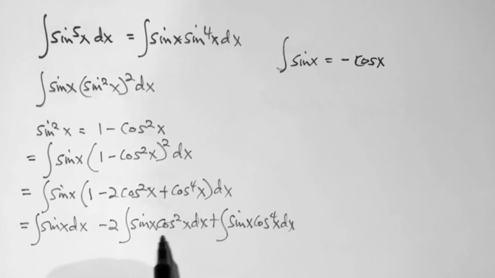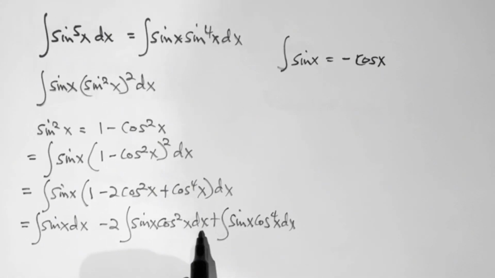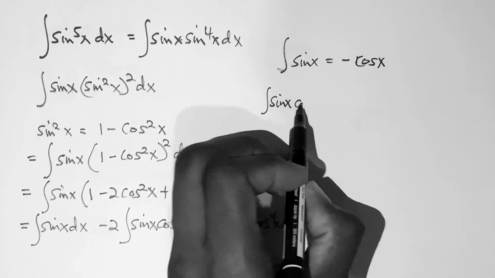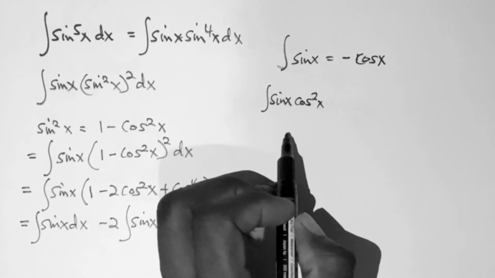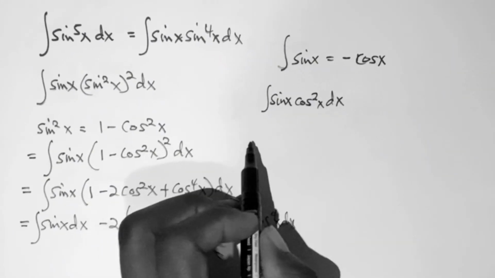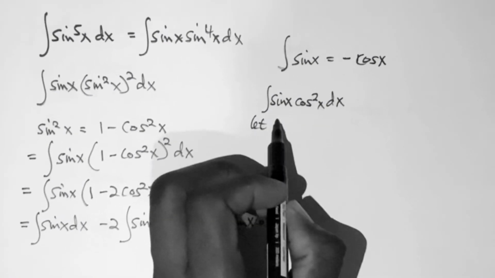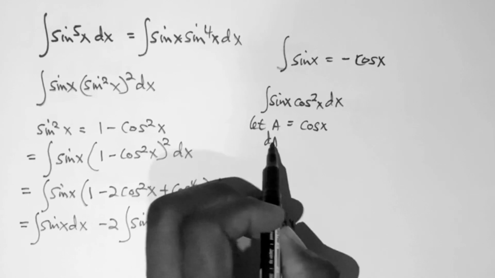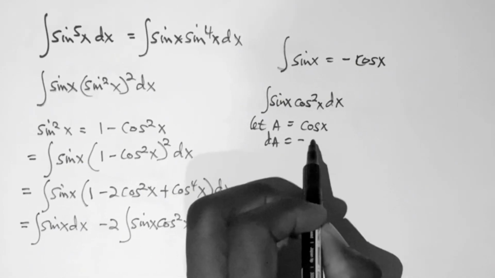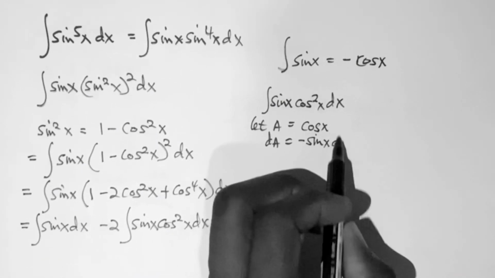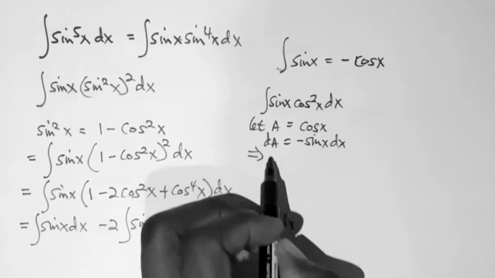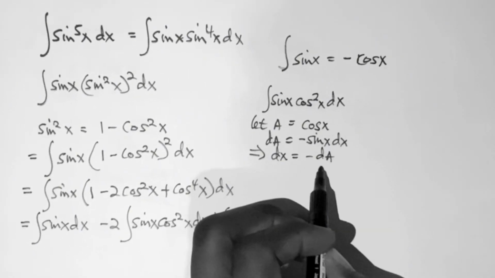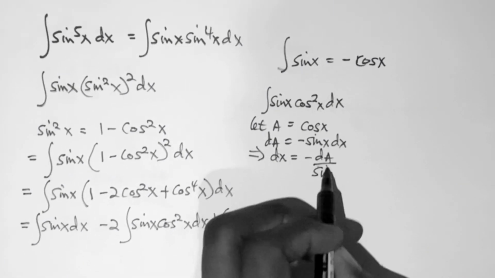Now let's do the integral of sine x cos squared x dx. What we'll do is let a be equal to cos x. So dA is equal to minus sine x dx. Therefore, dx is equal to minus dA over sine x.